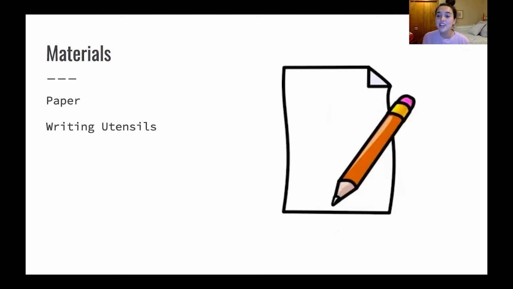So for materials today, it's pretty simple: just paper and writing utensils, whether it is lined paper, plain paper, blank paper, or markers. Whatever you have. I'm actually going to be using a whiteboard and some dry erase markers, since the whiteboard is a lot bigger than a piece of paper, so you can see really well.